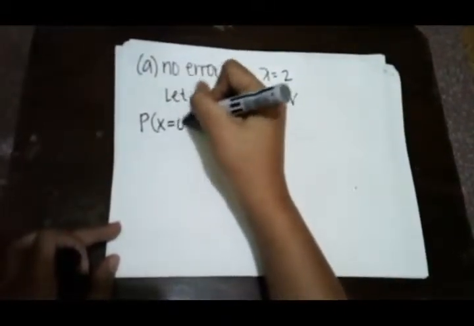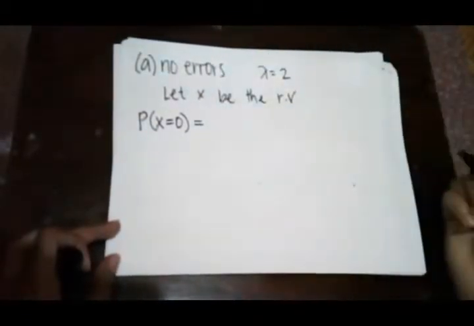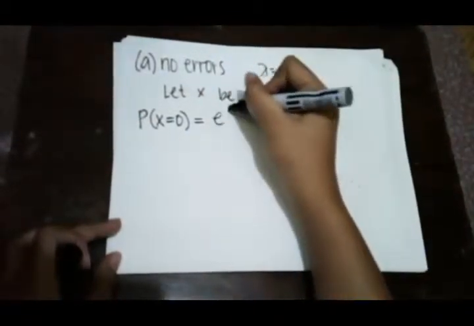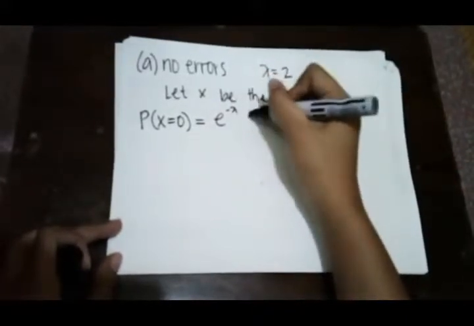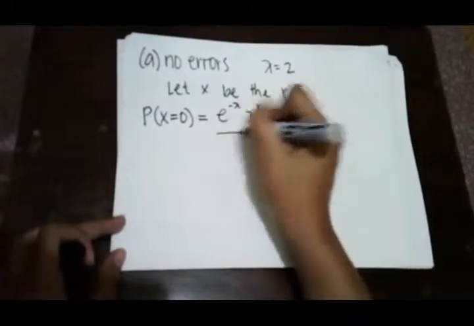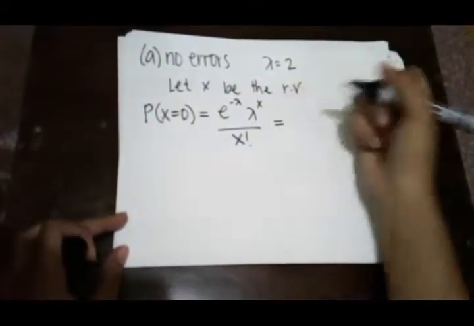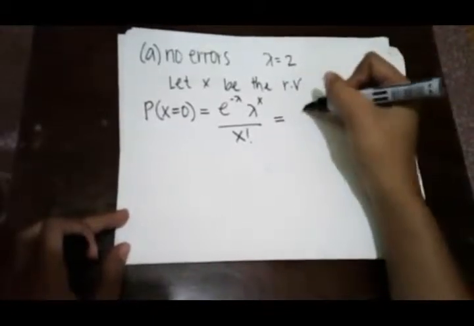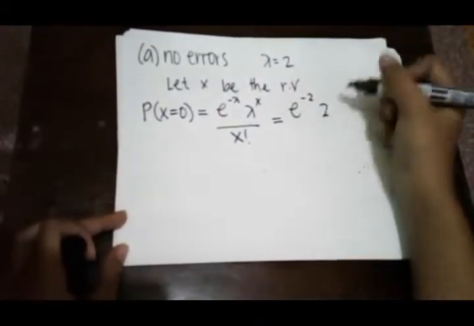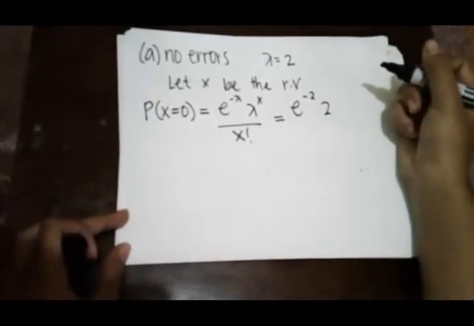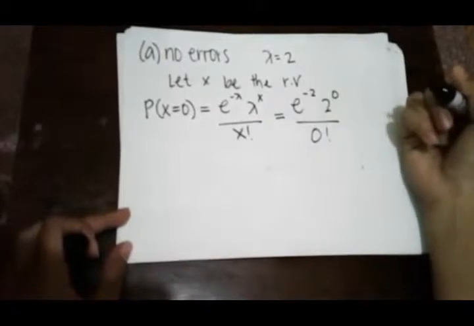So x is equal to 0, and let us use the formula of the density function, e to the power of negative lambda times lambda to the power of x all over x factorial. Then let us substitute the values: e to the power of negative 2 times 2 to the power of 0 all over 0 factorial.